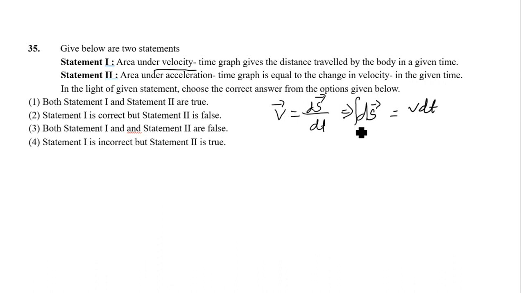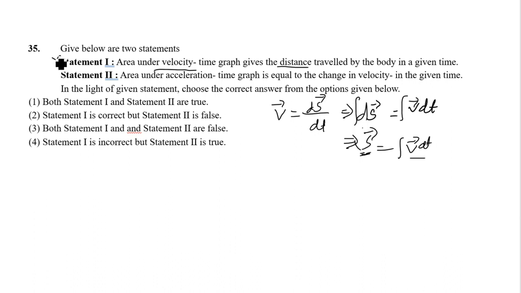If I take integration, I get s is integration v dt. As the velocity has a particular direction, the velocity time graph gives us displacement, not distance. So statement 1 is wrong.